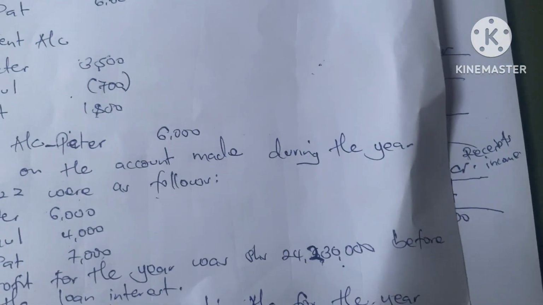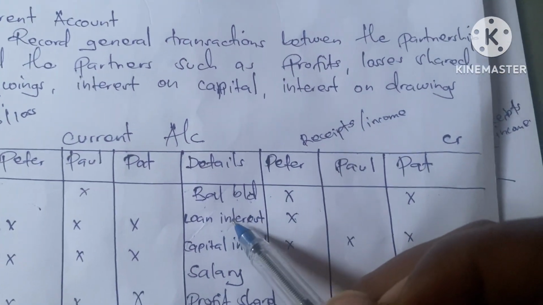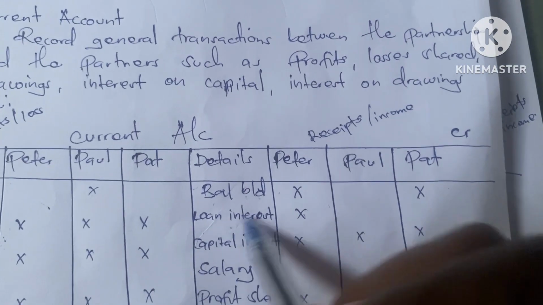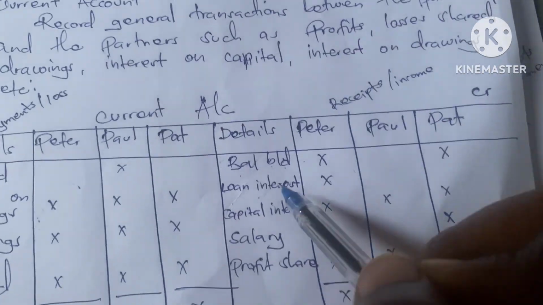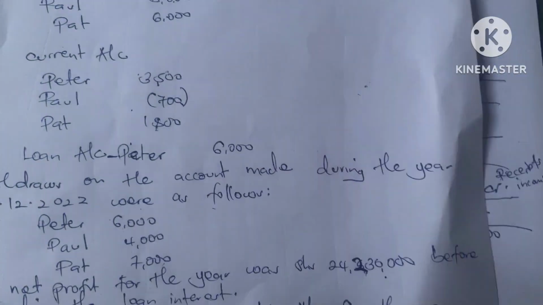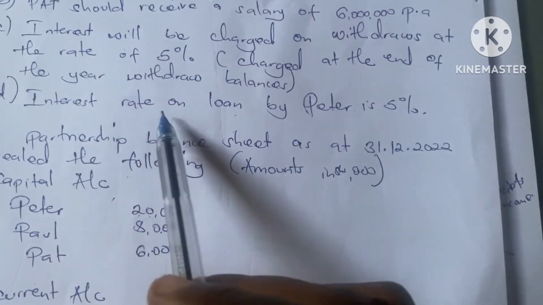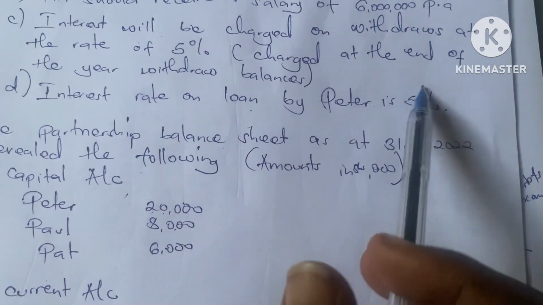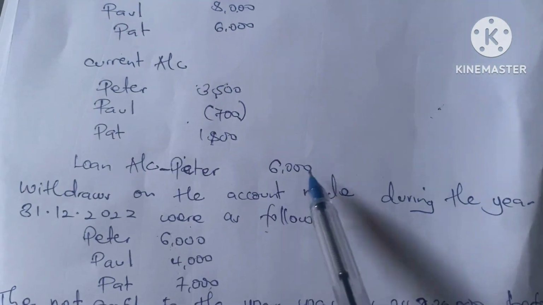Then, according to our formatting, after rating the balance brought down, we also write loan interest, capital interest, salary, profit share, but in case any of these is not there, you ignore it. So loan interest, did we have it in the question? They told us interest rate on loan by Peter is 5%, and the loan account for Peter is 6,000.